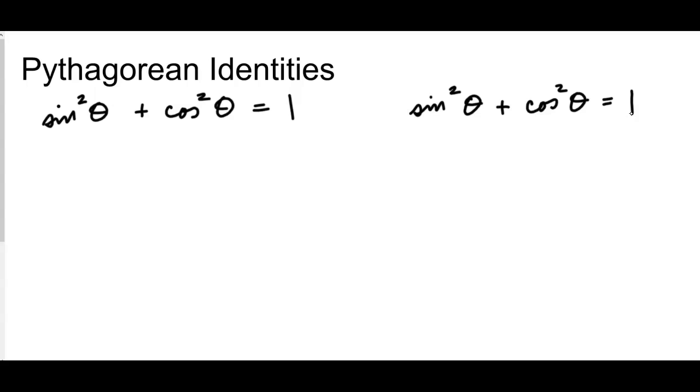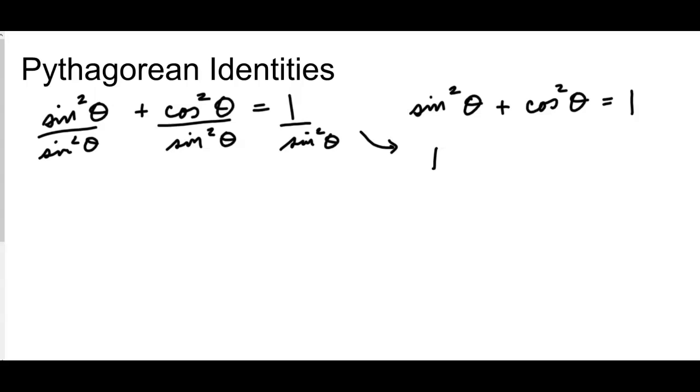Okay, if I take that identity and I divide everything by sine squared theta, then I'm going to get 1 plus, I go through each term now, 1 plus, that's going to be cotangent squared theta from our quotient identity that we just did, and then cosecant squared theta.